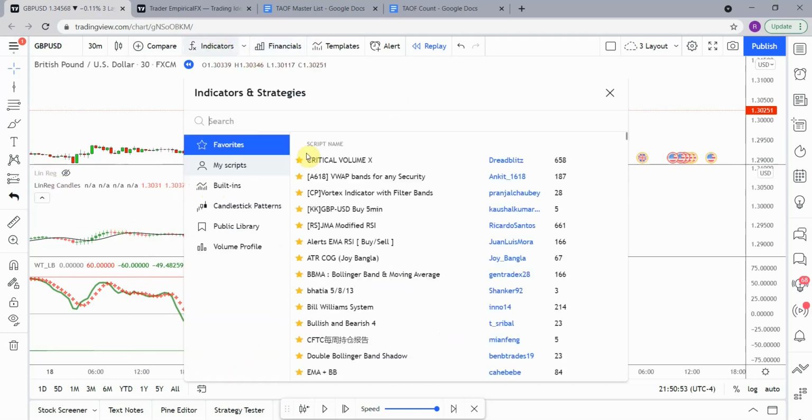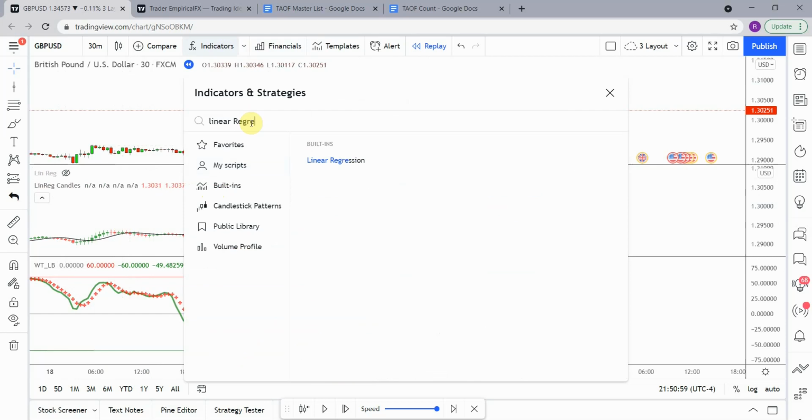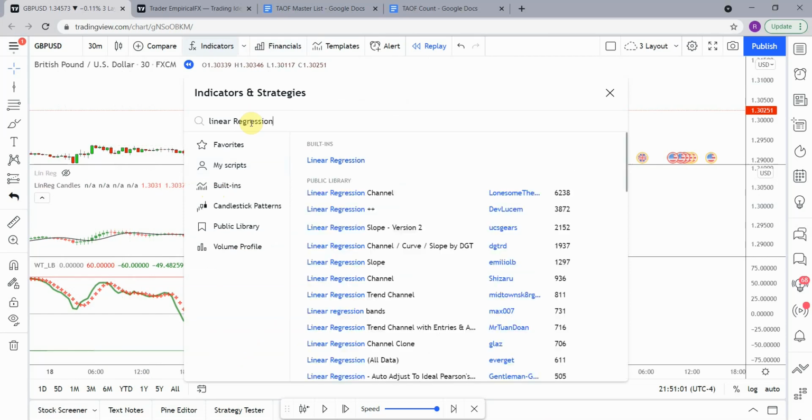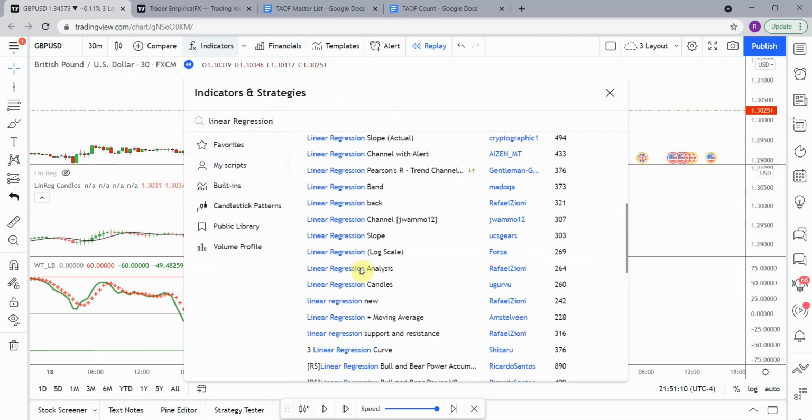So the linear regression candles, if you just go here, type in linear regression, and then scroll down a little bit, and you see the linear regression candles here.